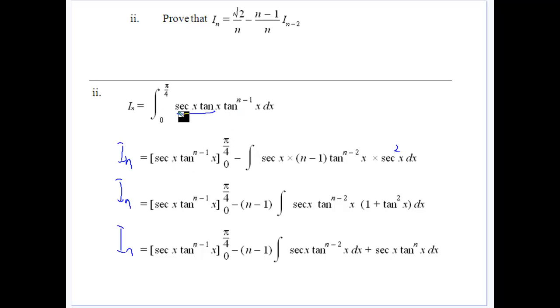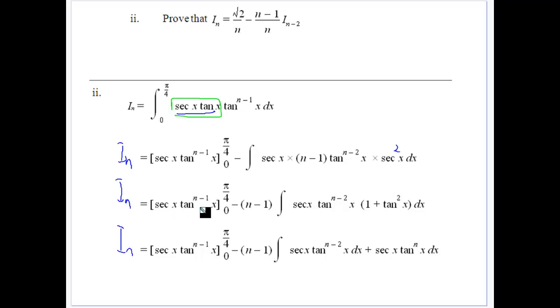So we integrate this function, taking this one as our first function, leaving our second, and then integrating our first. So it comes to sec x nicely every time, and differentiating our second gives n minus 1 tan to the n minus 2 times the derivative of tan, which is sec squared x, which we can start to manipulate.